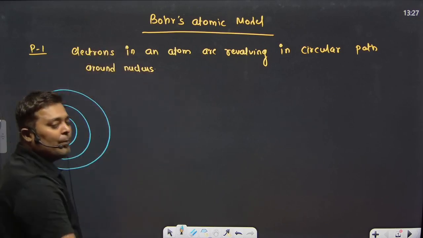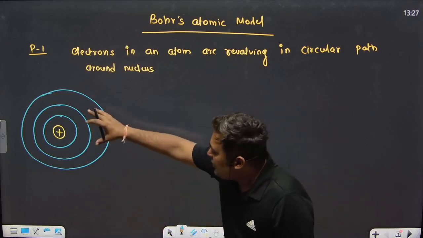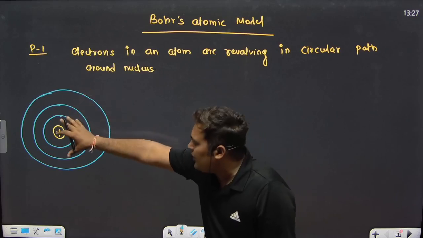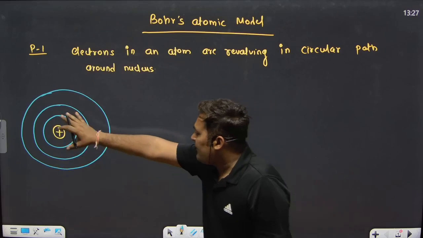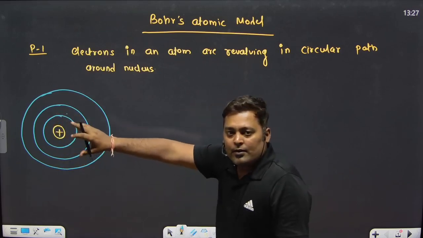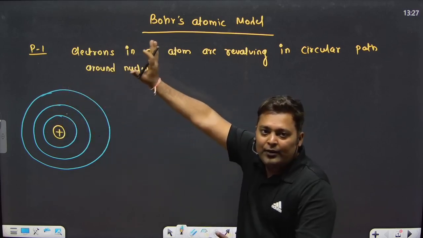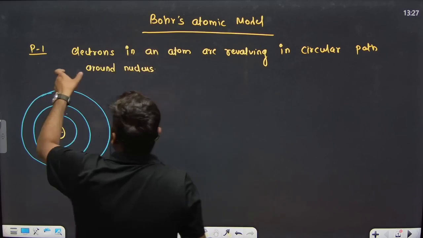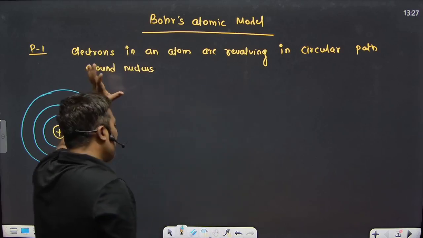We have many circular paths in the atom, and the electron is present in these. The electron would be somewhere in this orbit, or this orbit, or this orbit. That is the first postulate: electrons in an atom are revolving in a circular path around the nucleus.